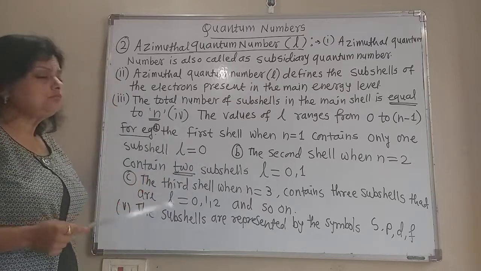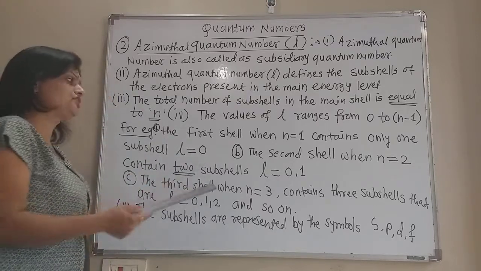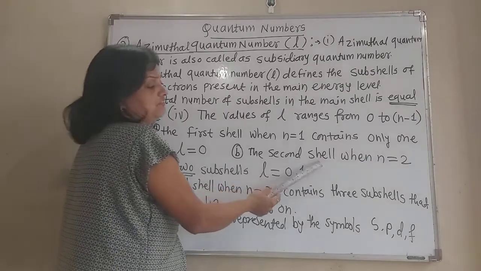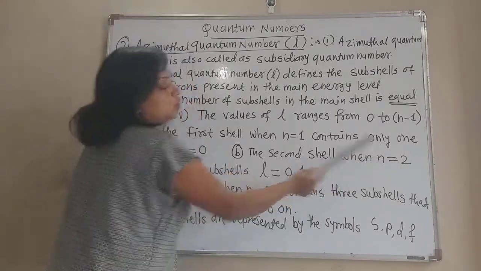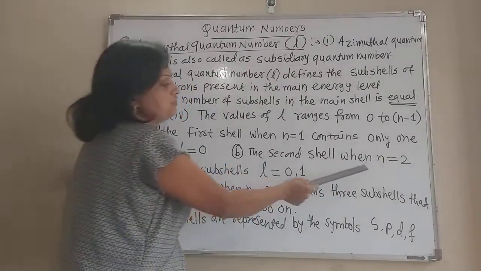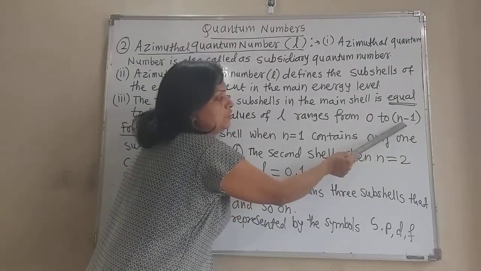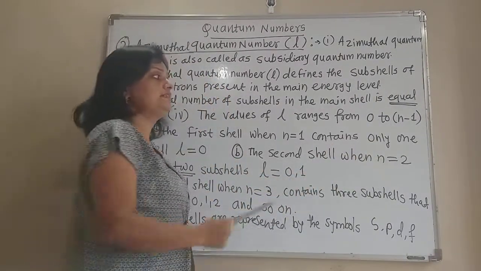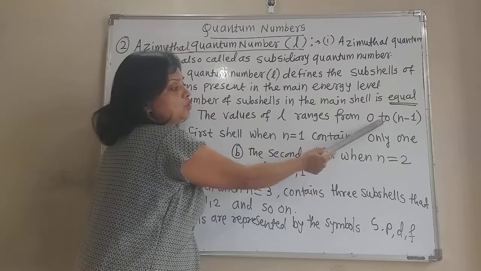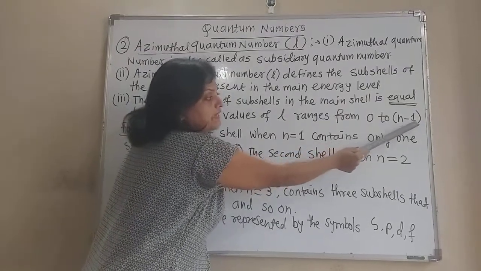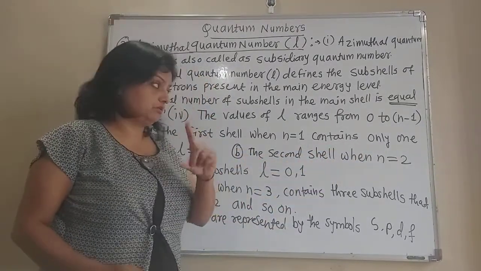Now come to the second main energy level, when n is equal to 2. If we substitute n is equal to 2 in this formula, we go from 0 to 2 minus 1, and 2 minus 1 means 1.